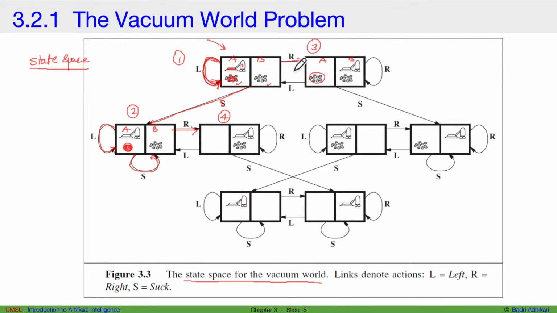So in this way, if we consider all possible scenarios, then we end up with these 8 states. Such a set of all the possible states for a problem represents the state space for the problem.